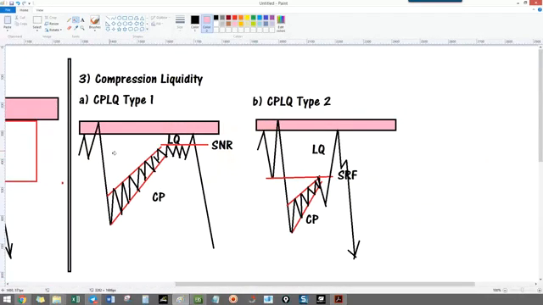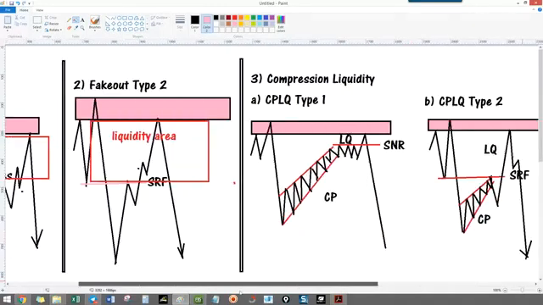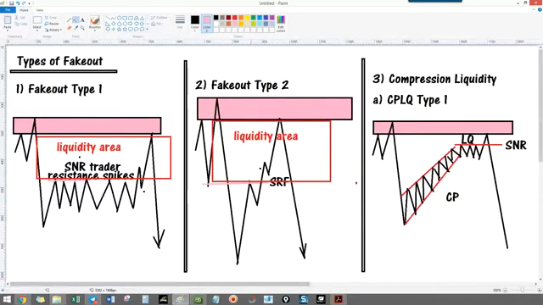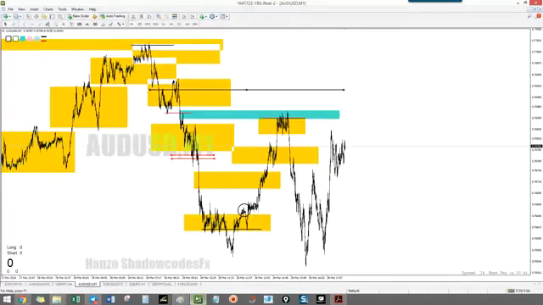For CPLQ type 1, you have a compression, you have a resistance spike, go up and go down. You have a CPLQ type 2, a compression, went back to SRF, went down and go up and went down again. Okay, so this is the thing that will always happen in the market.